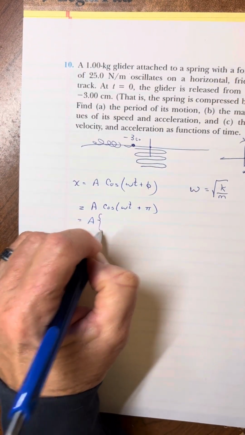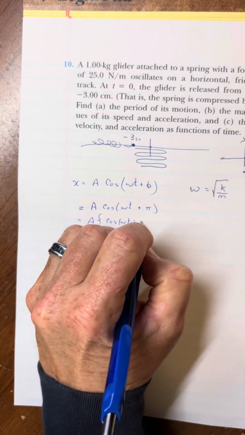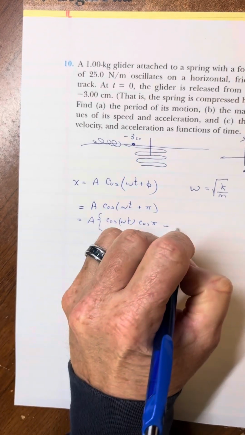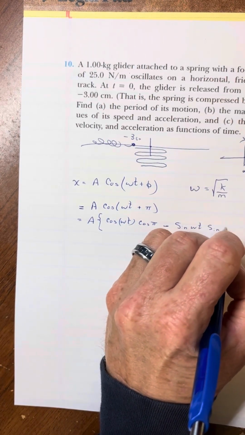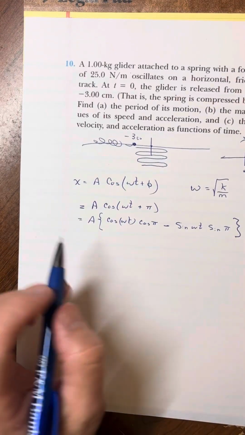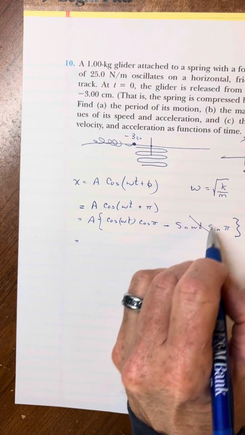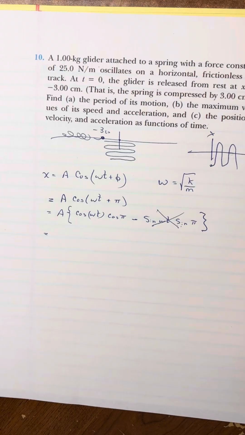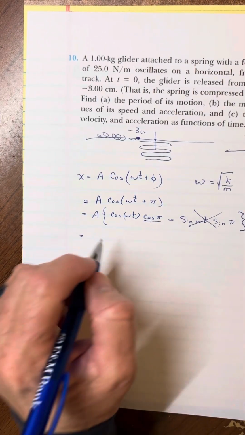and do my little trig identity because it says cosine of the first times cosine of the second minus sine of the first times sine of the second. And if I do that, I will see that this term is a 0 because sine of pi is 0. And this one, cosine of pi, is a negative 1.